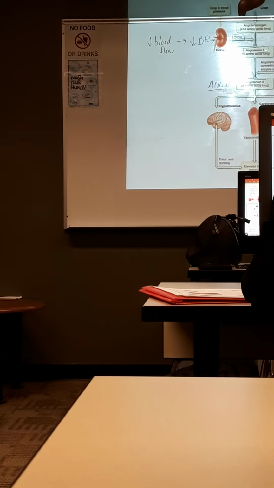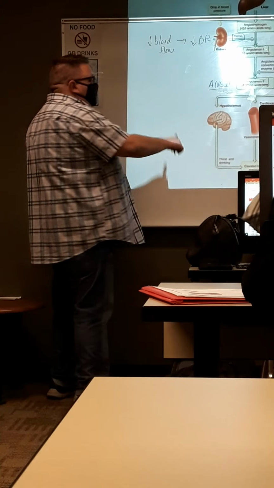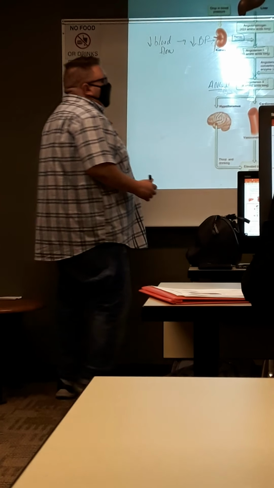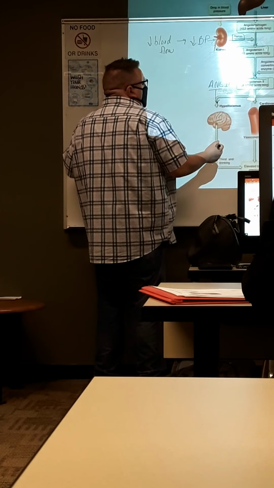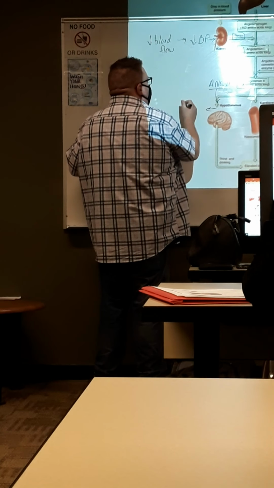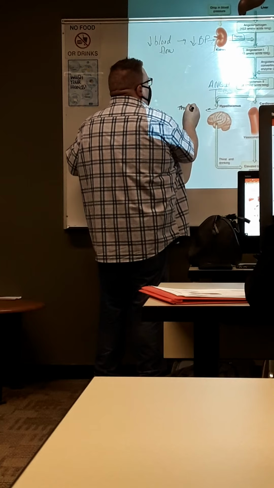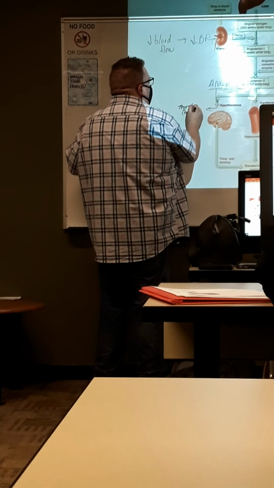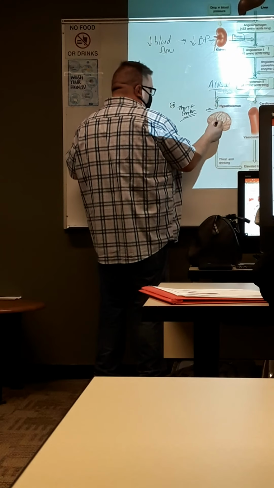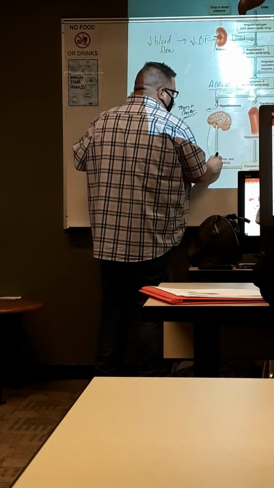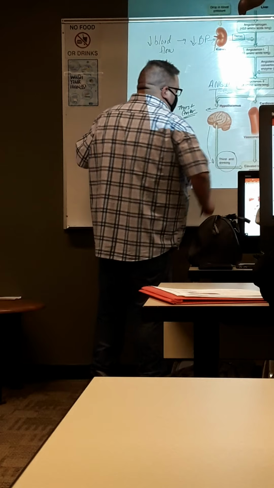Now, angiotensin 2 is the most important molecule of this pathway. Okay? Because angiotensin 2 has multiple effects. It can stimulate your hypothalamus, which is the site of your thirst center. So it turns on your thirst center and makes you thirsty, and you drink water.